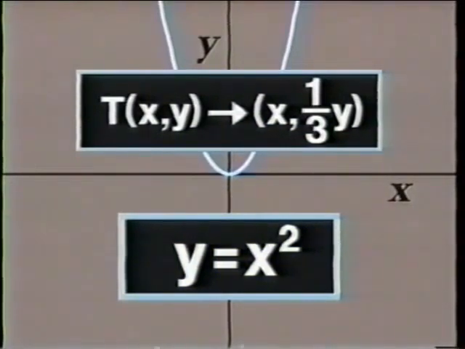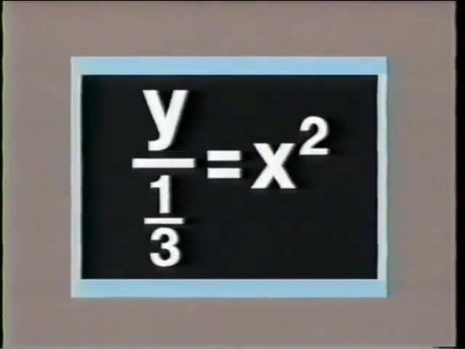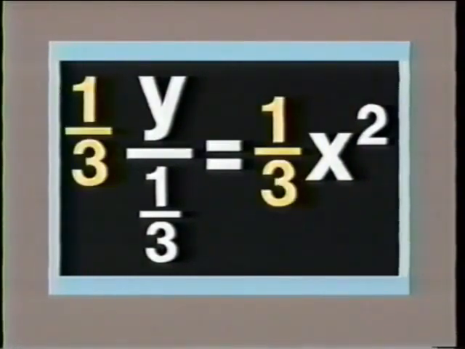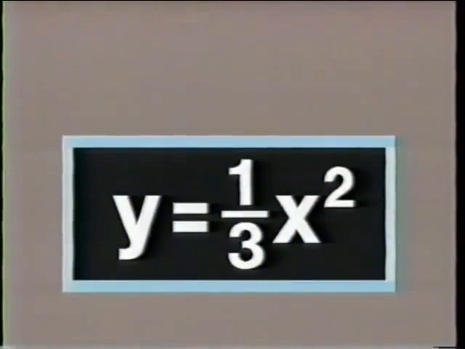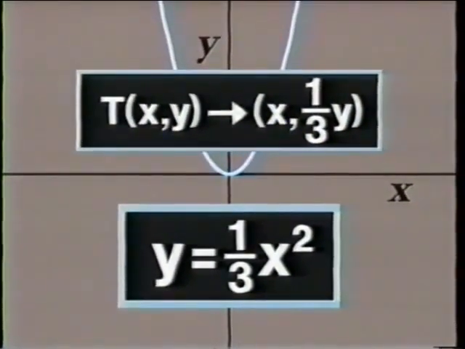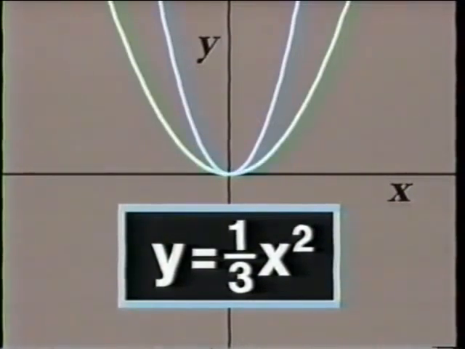In this case, y is multiplied by 1/3 in the dilation. So we must divide y by 1/3 in the equation. Isolating y, the new equation becomes y equals 1/3 x squared. And when plotted, looks like this.